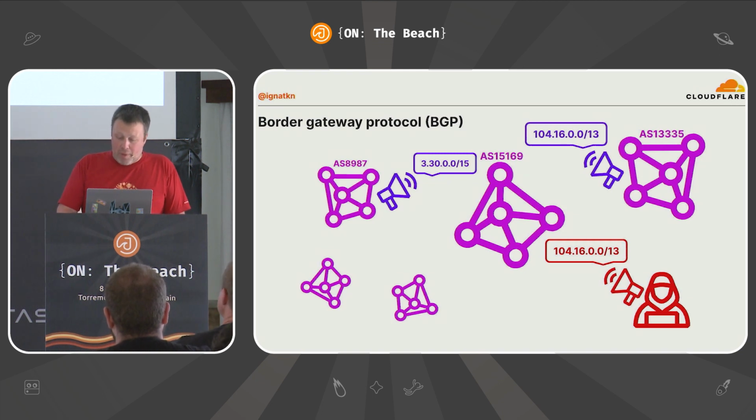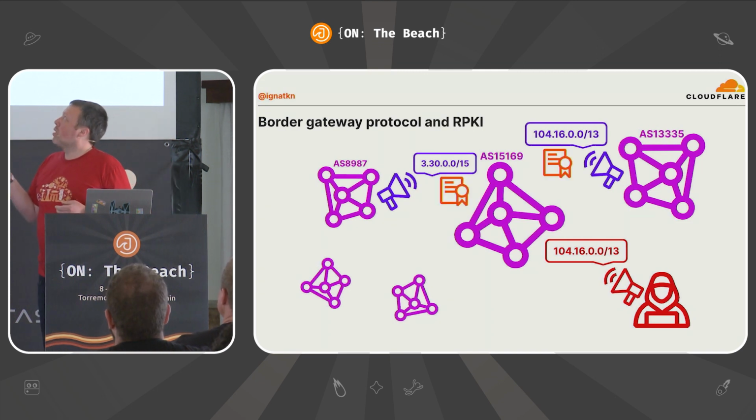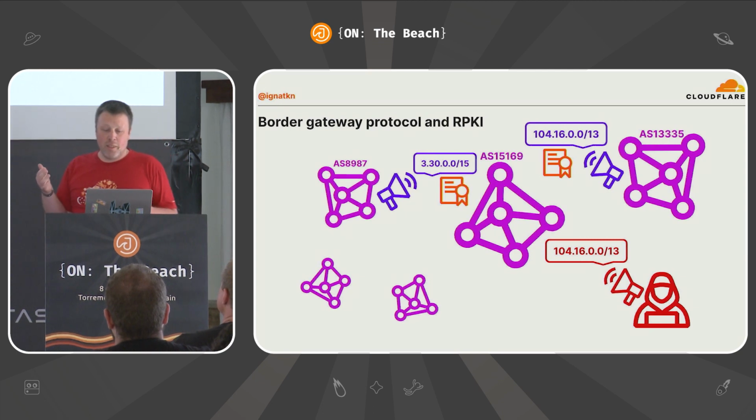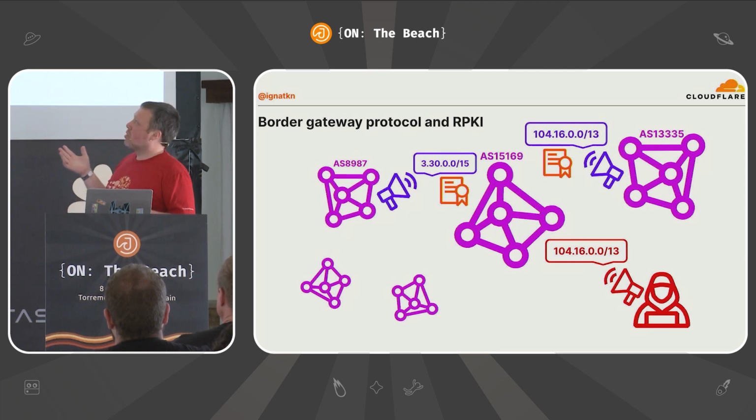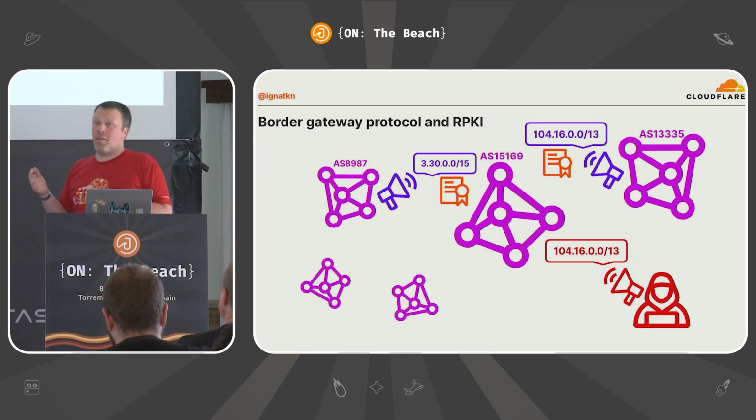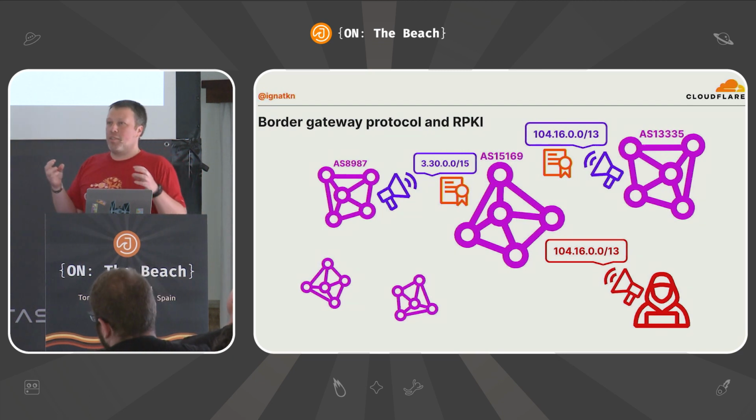So how do you protect from that? There is a modern improvement on top of the BGP protocol called RPKI. The basic idea is that all the announcements on the internet should be signed. But it's a two-party system.